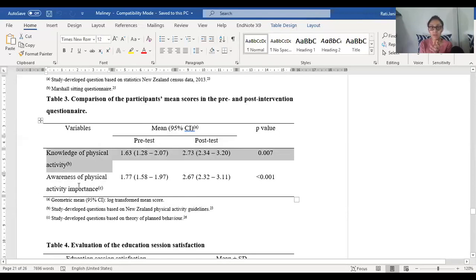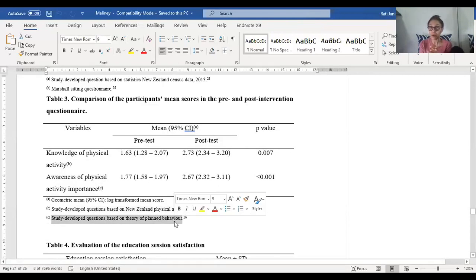Okay, so now if you see in this section 2B, this is also a study developed question, but it is based on theory of planned behavior. So you see that they have developed their own questions based upon previous literature and based upon health behavioral models. In their area of work, they did not have any previously validated questionnaire, which is totally understandable, but they have not just stuck to one thing.